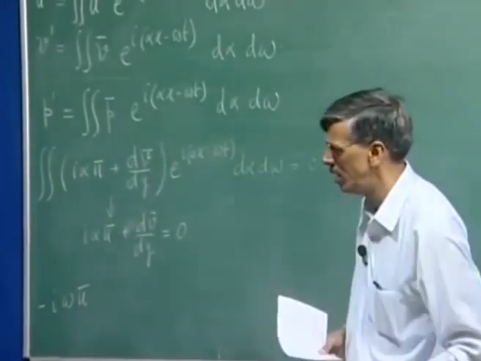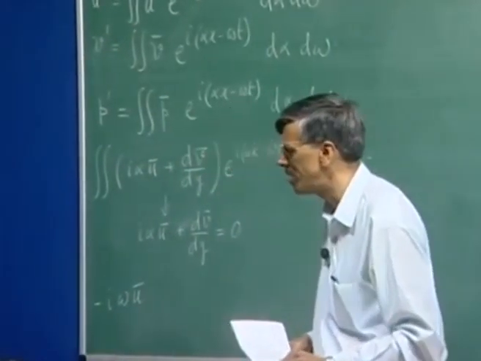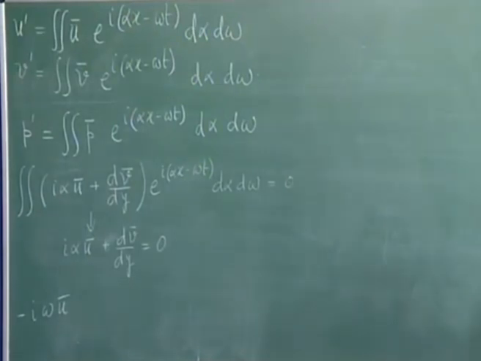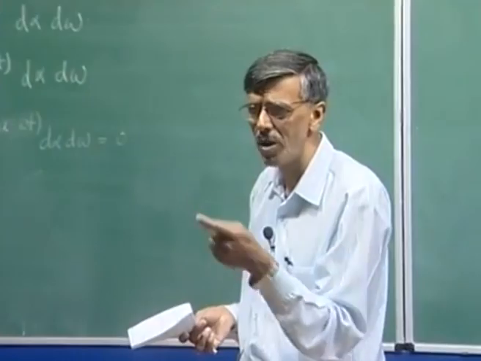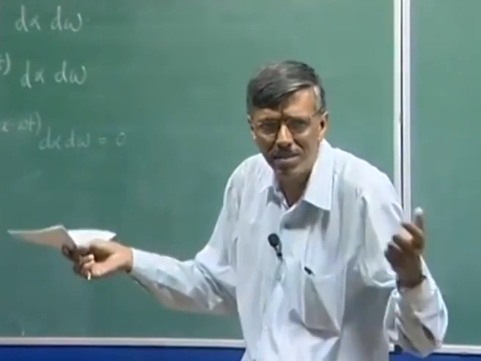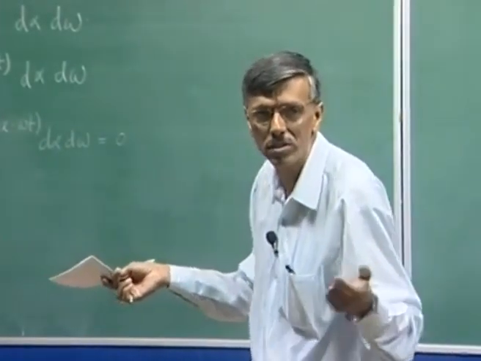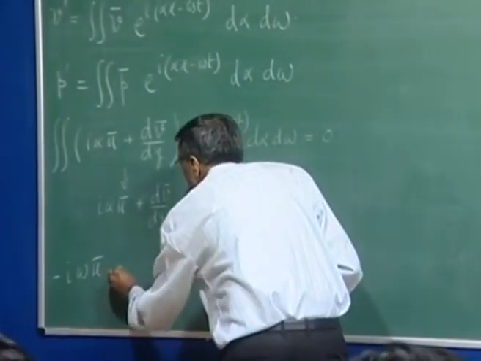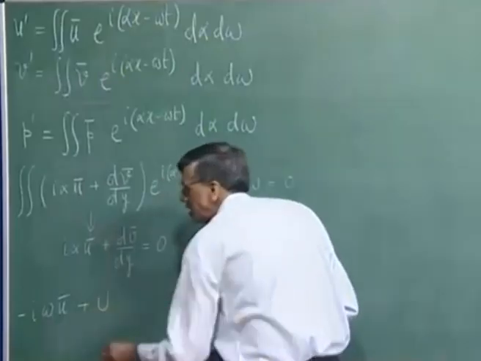That is the first term, del u prime del t. What about the following term? Capital U is a function of y only. So when I write down the Fourier transform with respect to x and t, it's virtually like a constant, right? So there I will have the capital U sitting there as it is.